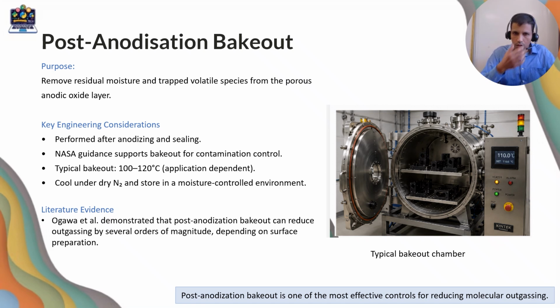NASA also recommends it, and many aerospace components are baked out by this method. So this is one good process that can remove all the VOCs and moisture from the surfaces and helps fix the outgassing risk later.